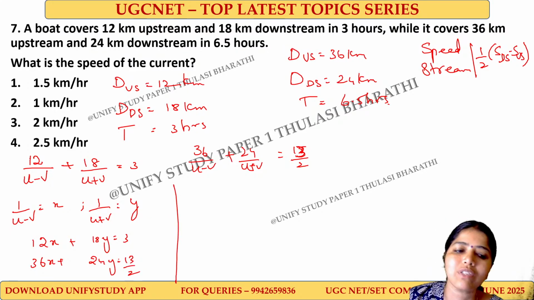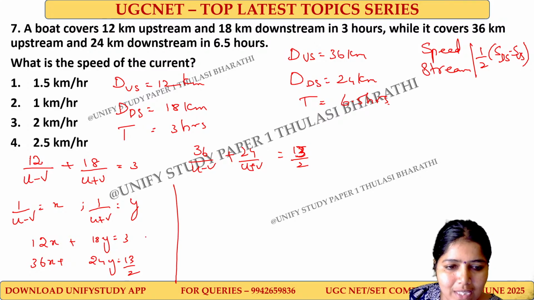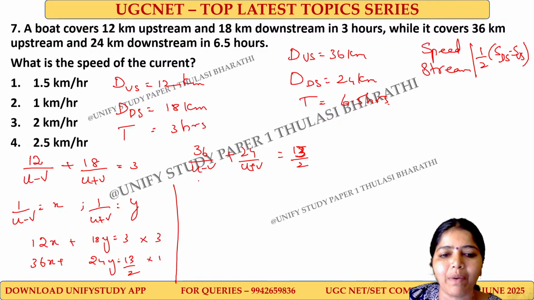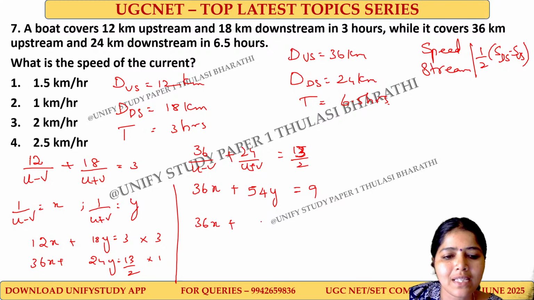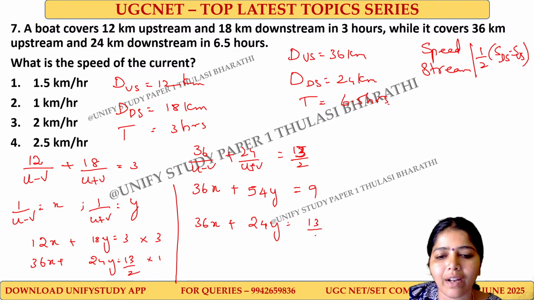Now what we have to do, simply we are going to make it equal. So this I multiply by 3, this I multiply by 1. So what will come here? Here it becomes 36x plus 54y is equal to 9 and here again 36x plus 24y is equal to 13 divided by 2.